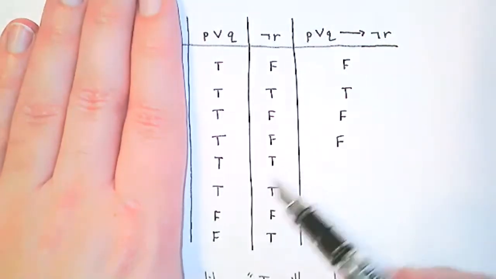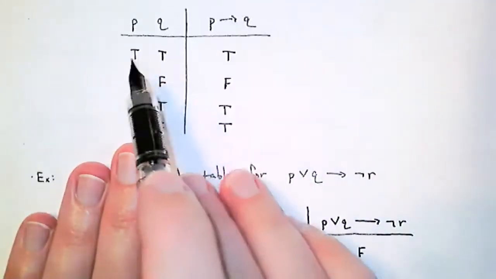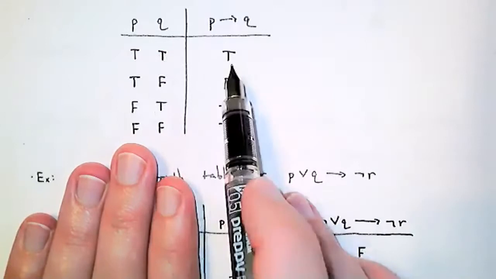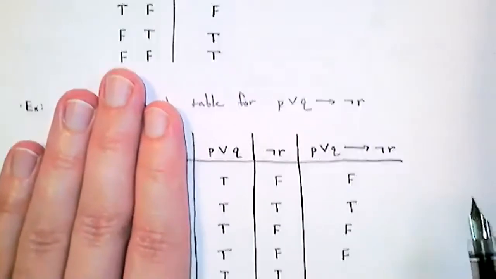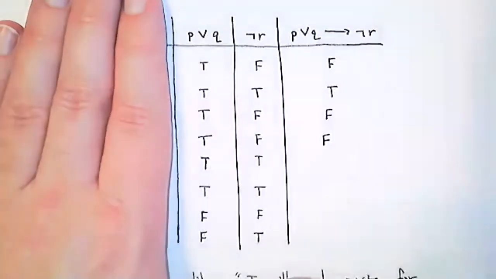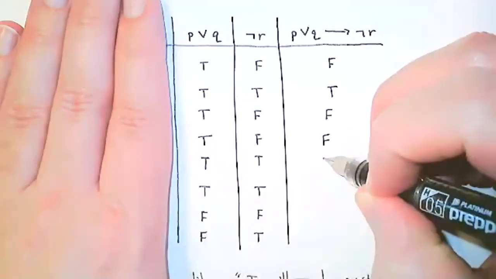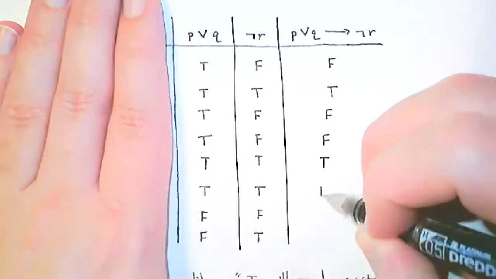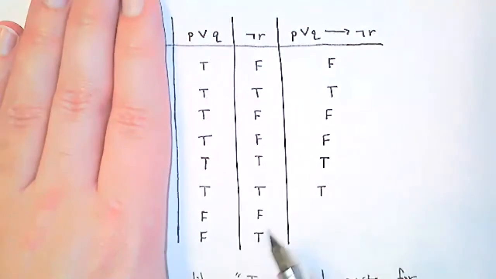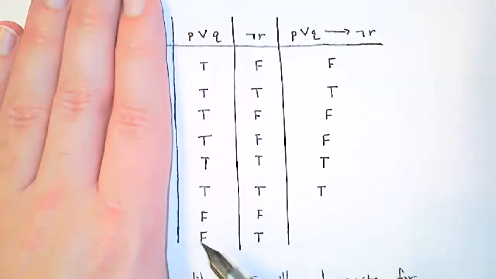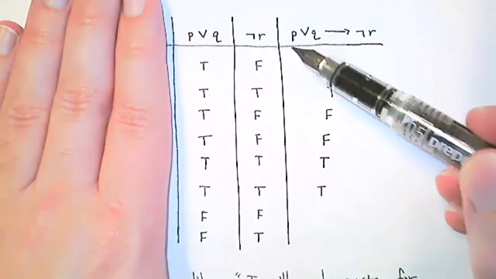And then we have true, true, true, true. Remember back up here, when both the hypothesis and the conclusion are true, the conditional is true. So both of these rows are true. And then in the bottom, we have falses for the hypothesis on the left side.